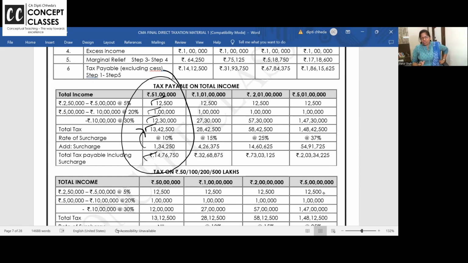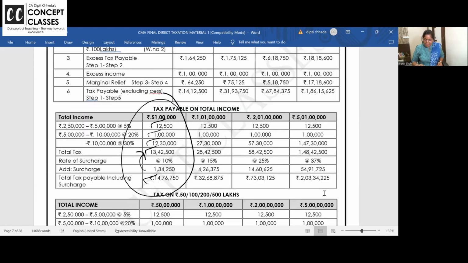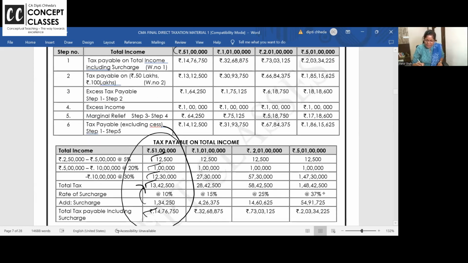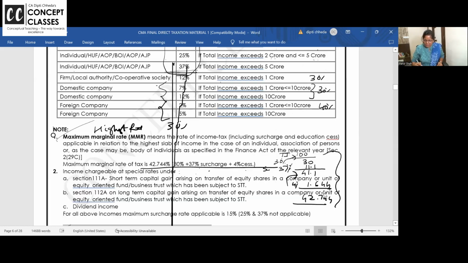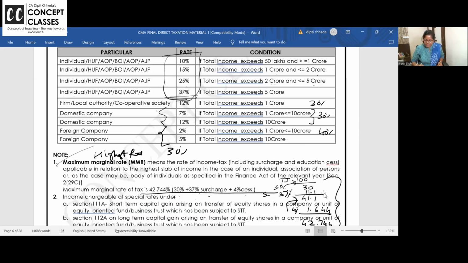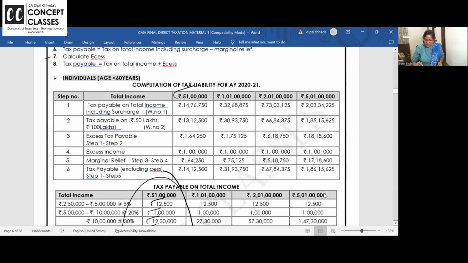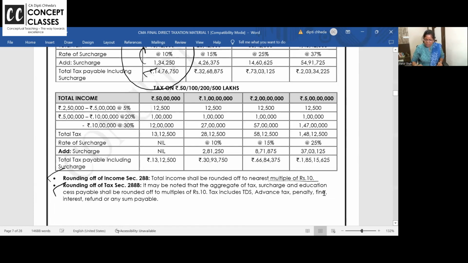I'm doing it for an individual, then I'll explain for company and all also. So is the tax payable on 51 lakhs clear? 14 lakhs 76,750. I'll put a tick here. Just a minute.